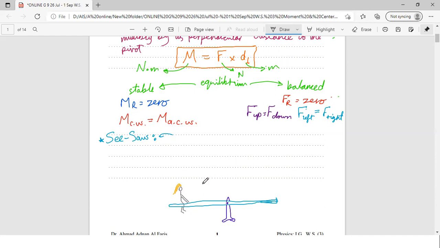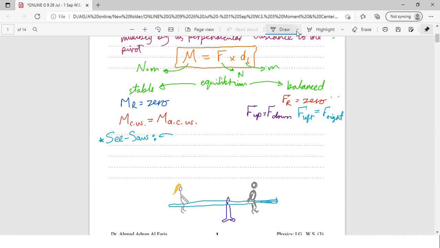And we have a big person like me with a small belly. For example, she's 40 kilograms, I am 80 or 100 kilograms, so I'm twice her mass. That's me, and that's my belly. These are my hands, these are my legs.